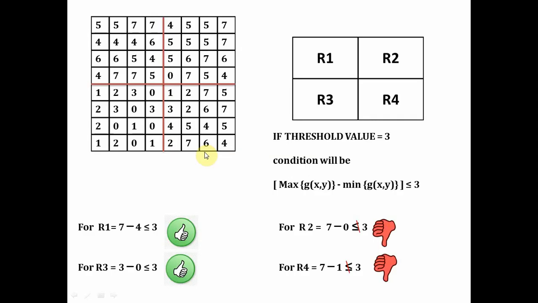Okay, and you need to remember, you need to consider 4 by 4, 8 by 8, 16 by 16, 32 by 32 partitions. If you go in that manner, then only will you be able to achieve the splitting of the region up to a single unit cell. Remember this.